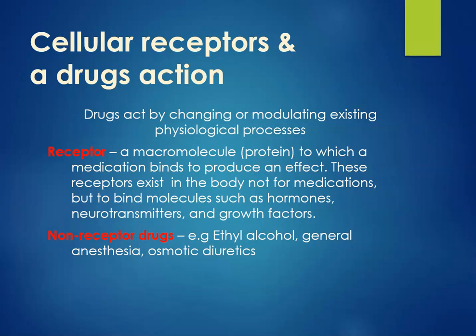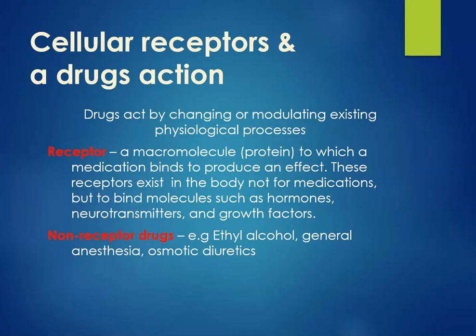So one of the things that you're going to see a lot of as we go through drugs is certain medications will be described as, it's a beta-2 receptor agonist. So we're going to talk about what that means. A receptor is basically a protein to which the medication binds to produce an effect.